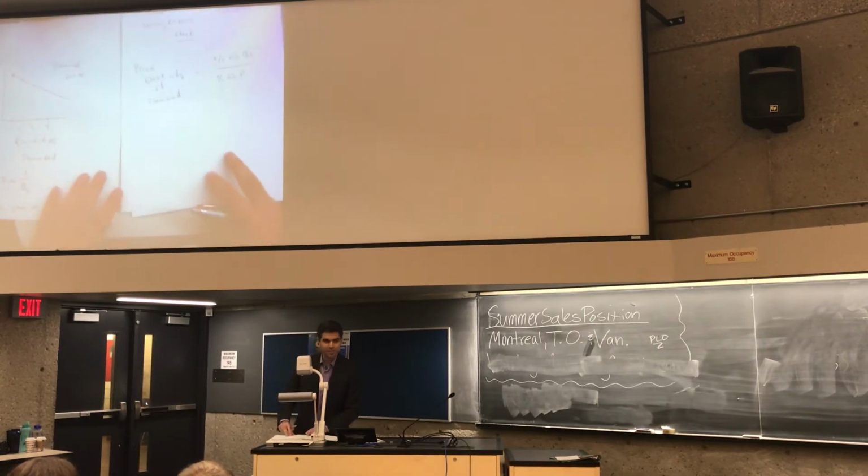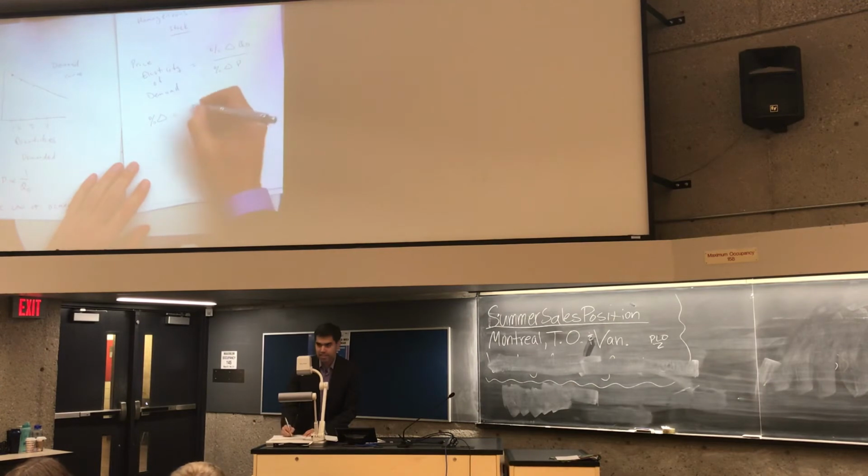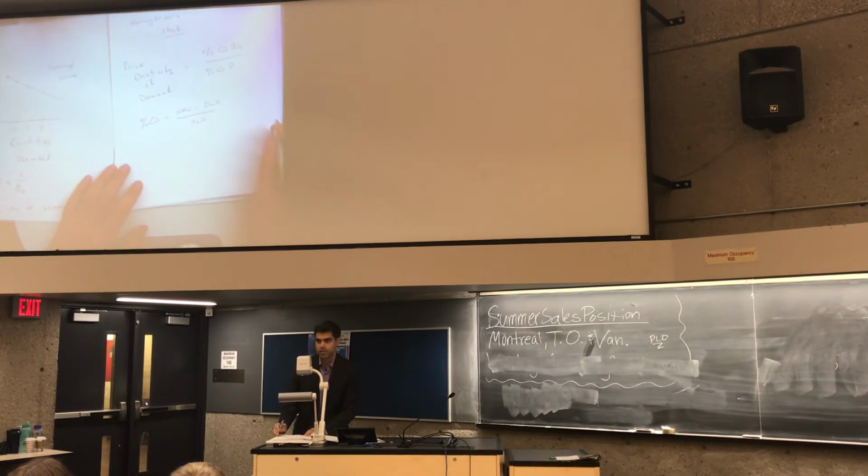Okay, let's do a little remedial math here. Percent change is the new minus the old over the old. So the new is 4, the old was 1, over 1.